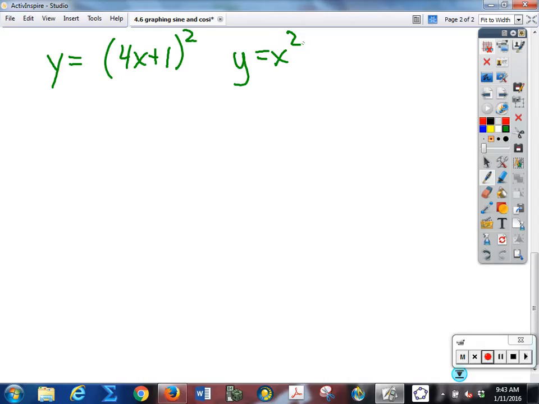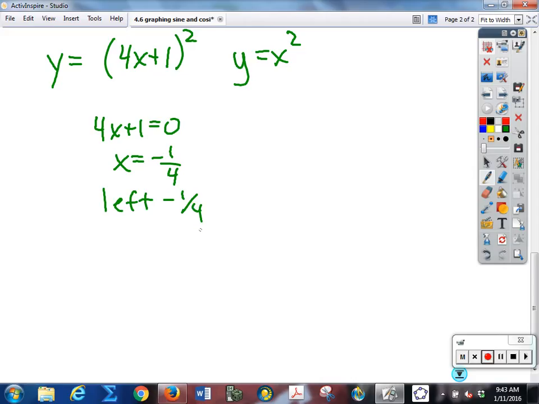How do I undo all of that? If you just set whatever this is equal to 0, it'll show you where it shifts. Because if I subtract 1, divide by 4, this one actually shifts left 1/4. Negative 1/4, whatever. I'm tired.